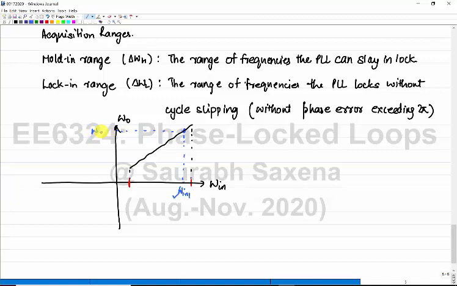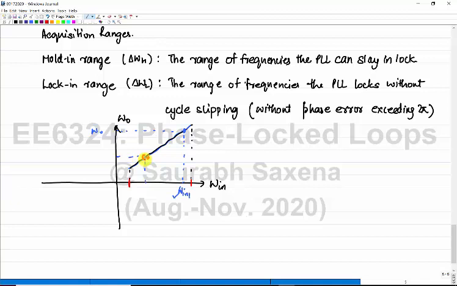Okay, but if you pick up any point, and if PLL input and output frequencies are on this particular line specifically, if anyhow you reach this omega out for a corresponding omega in, and you make a small disturbance, the PLL does not break.